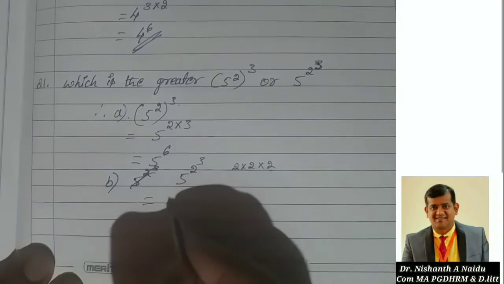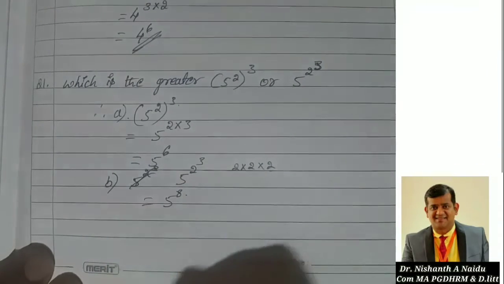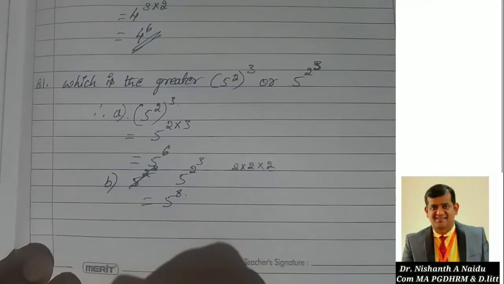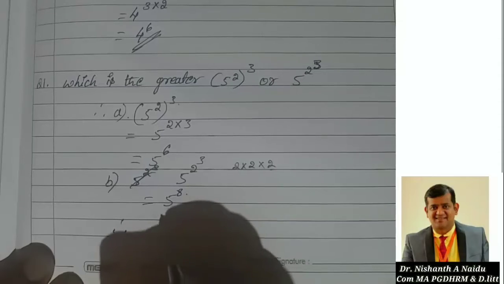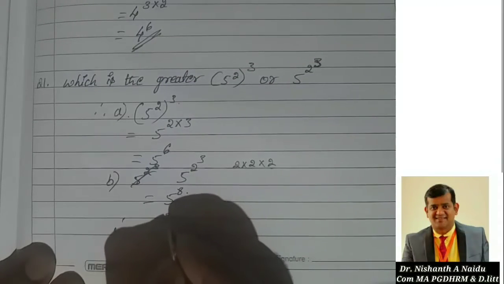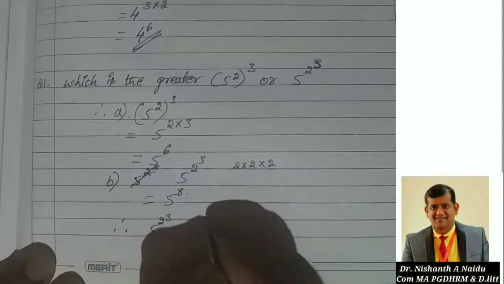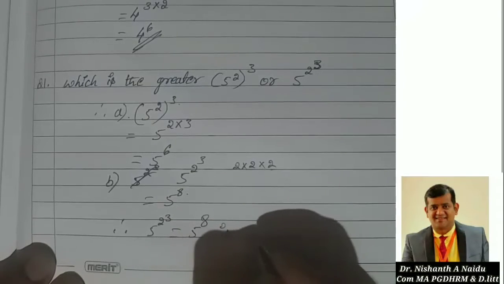So the answer is 5 to the power 8. Now which one is greater? Therefore 5 to the power 2 to the power 3, which is equal to 5 to the power 8, is greater.